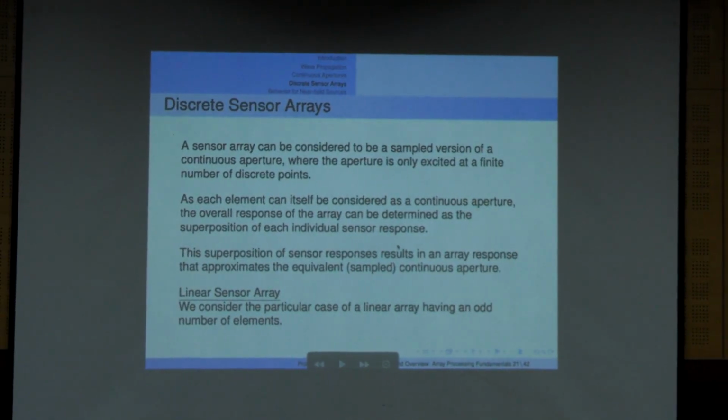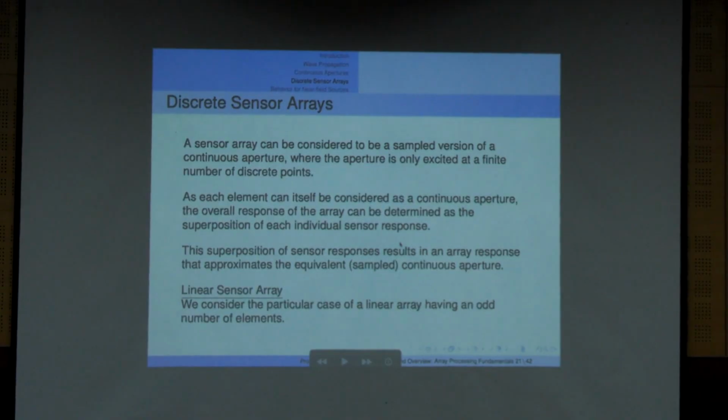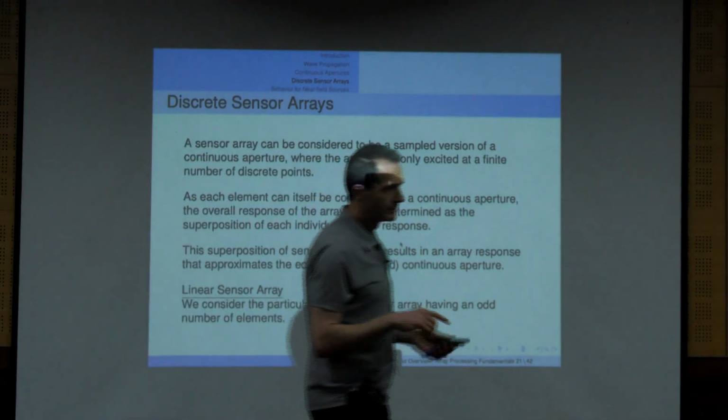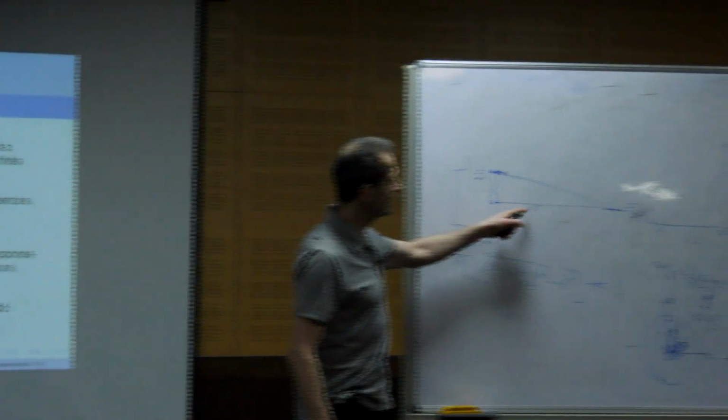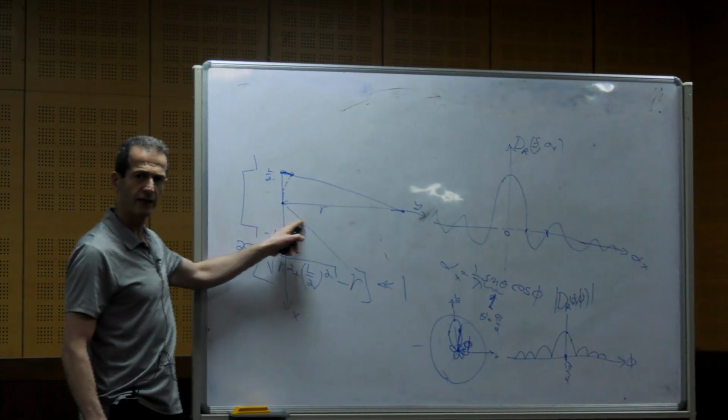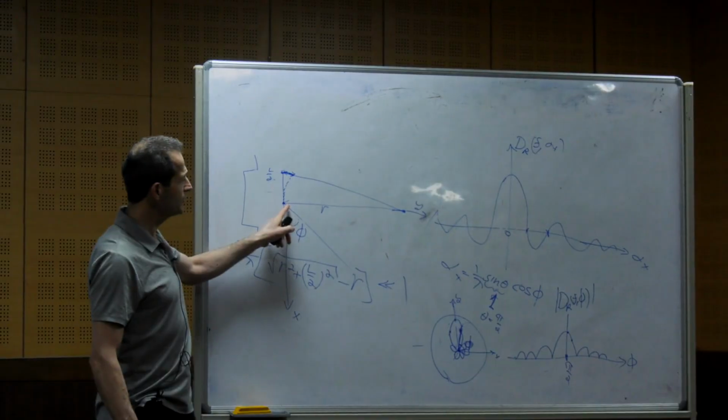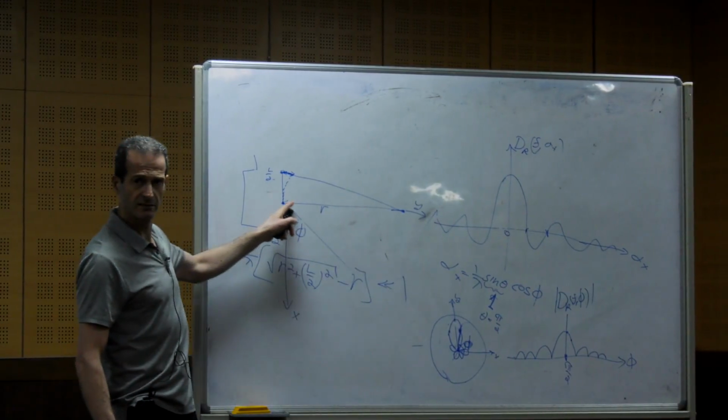After we understand what a continuous aperture is, we can talk about discrete sensor arrays. Discrete sensor arrays are, in general, a combination of continuous apertures. So suppose that my source doesn't come from the broadside direction, but it comes from a certain angle.